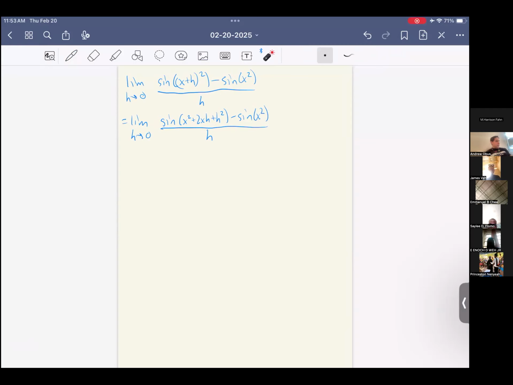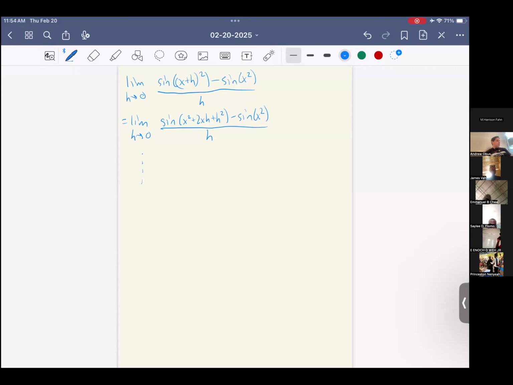But you can use addition formulas: this is sine of x squared times cosine of this, plus cosine of x squared times sine of this. Again, maybe you can get it to work. I don't really want to take the time to do this example. It's possible, but it's not that easy. It takes a lot of work with trig identities and limits.